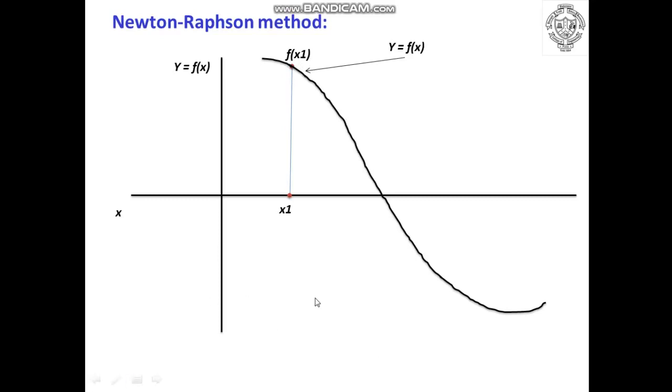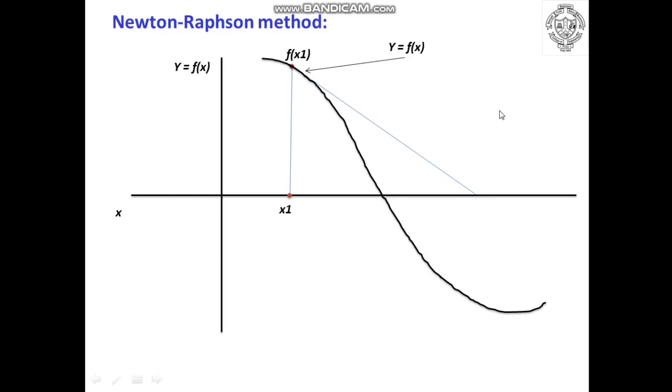In the Newton-Raphson method, the next step is to draw a tangent at this particular point. I just draw a line which acts as a tangent at this point. Now if you observe, this tangent intersects the x-axis at this particular point.